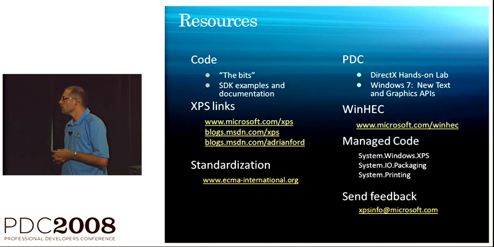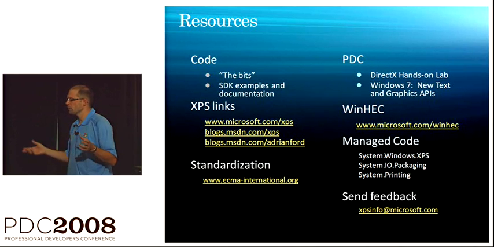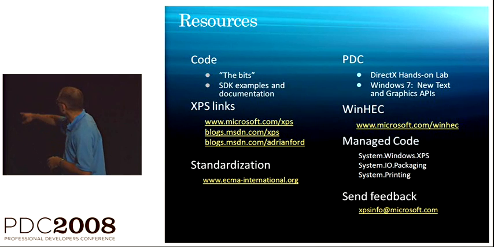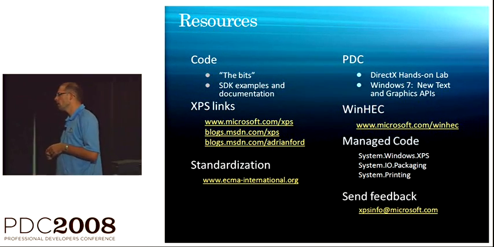Is that conversion possible? It's possible. Microsoft doesn't provide conversion tools for XPS, but there's a number of third parties already that do that. If you look at the Microsoft.com WAC XPS, there's a technology showcase there where a number of third parties have tools that can do conversion from and into.